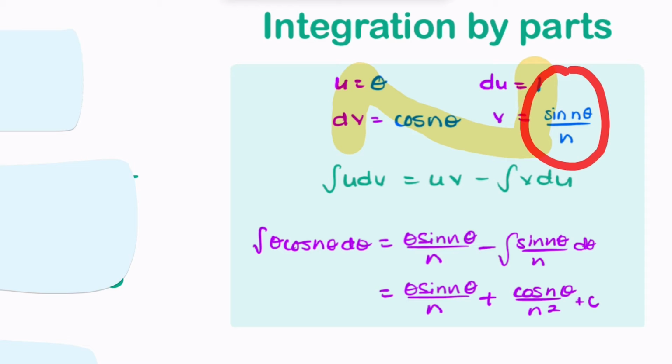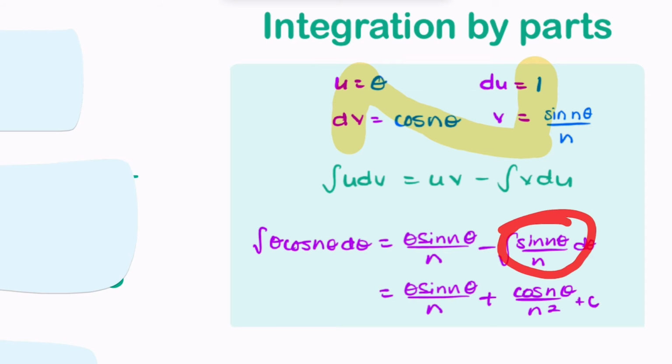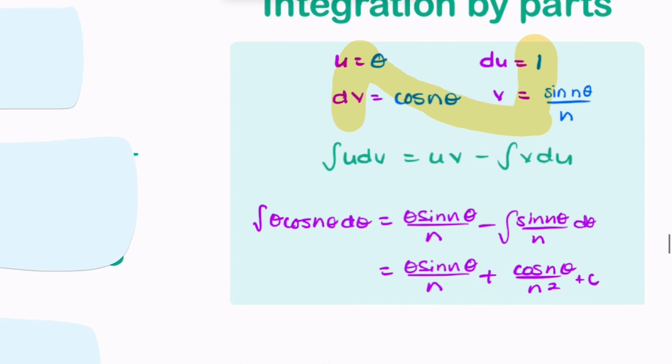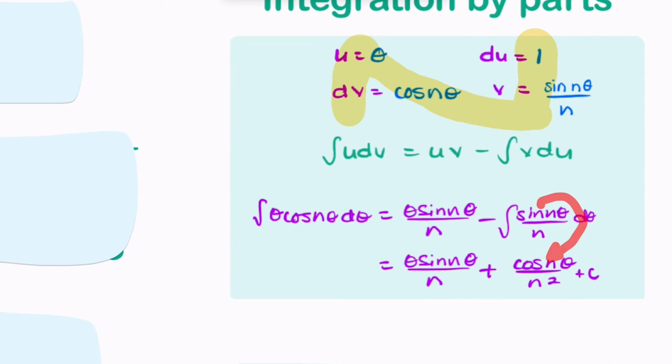And when you multiply these two, you end up with a sine. And even though we have an n in the denominator, n is a constant as far as the integration is concerned because it's d theta. And the integral of a sine is negative cosine. So the negative turns this negative sign into a positive, and that's my cosine. And then I divide by n, which is the coefficient of theta. And I already have an n, so we have n squared in the denominator.